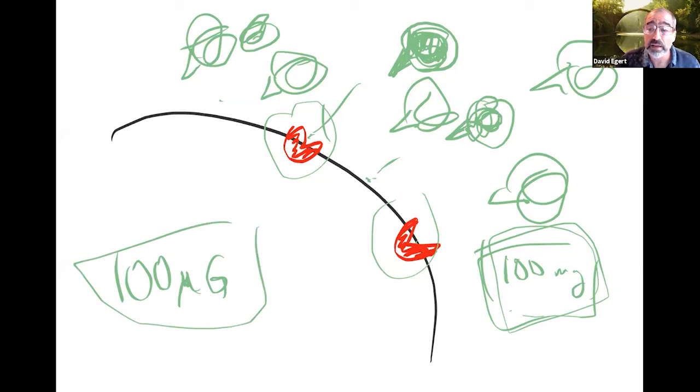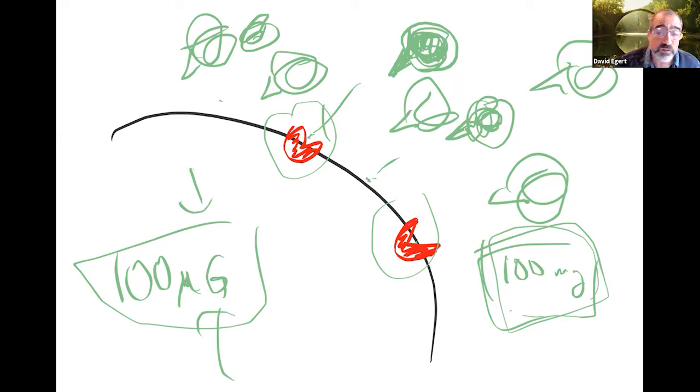For the same basic idea, your cells are like, whoa, the volume was really high. We're going to back off the number of receptors. I talked about how cells can constantly adjust their membrane properties. So it takes a few days before this dose is going to work again. You have to let everything go back up to its more normal levels.